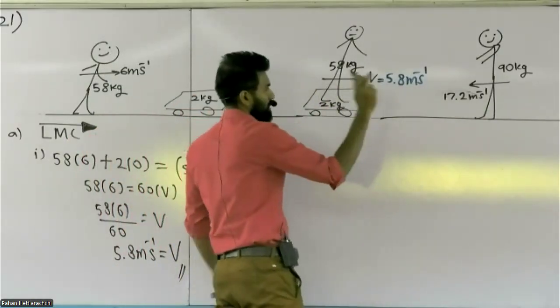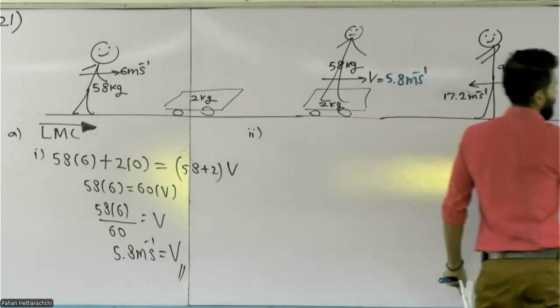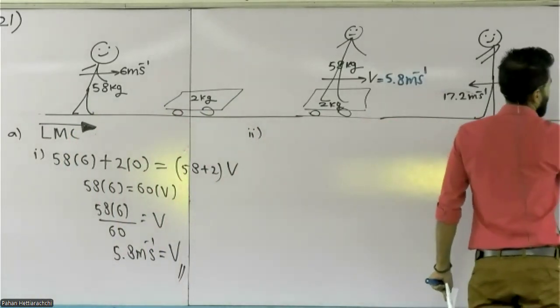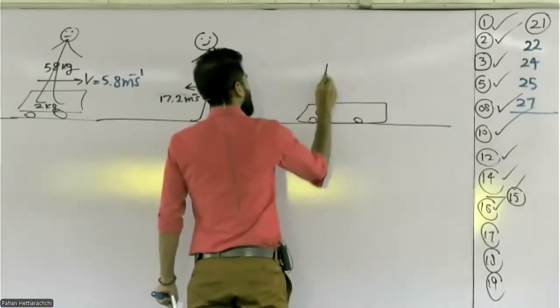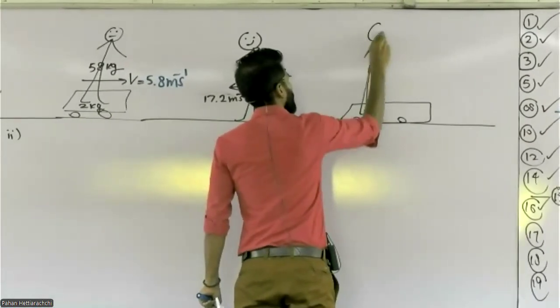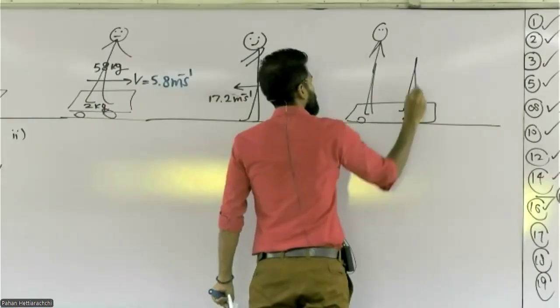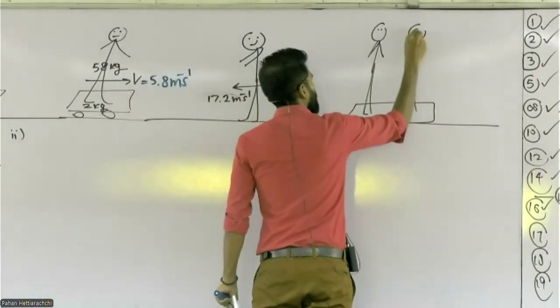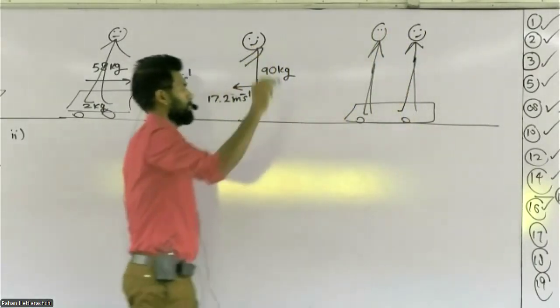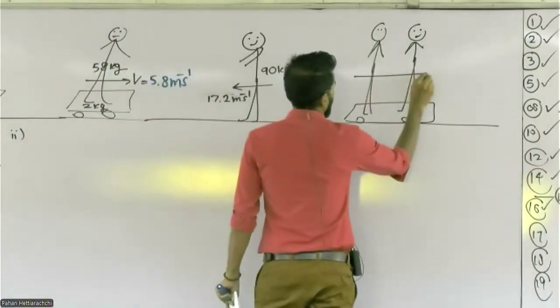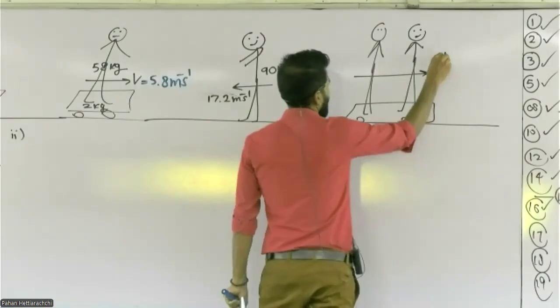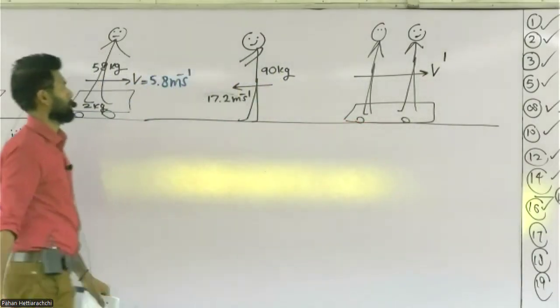These two people will meet each other and you will get a combined picture like this. Now the trolley is there, and on the trolley now there are two athletes. The other athlete has also jumped onto it. After that, we'll say the combined velocity is v dash.